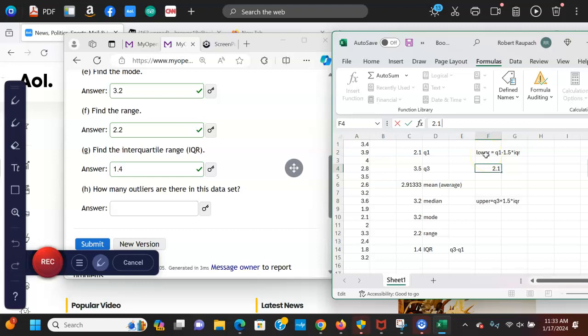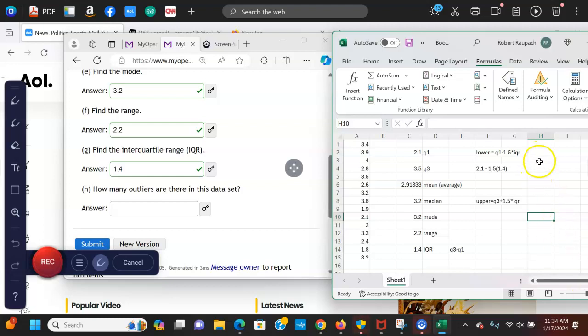Okay, 2.1 minus 1.5 times the IQR, which is, what's the IQR? 1.4. So now I'm going to refer to my calculator. I'm not using Excel right now, I'm just typing stuff in so that you can see what I'm doing. So 2.1 minus 1.5 times 1.4 is 0.